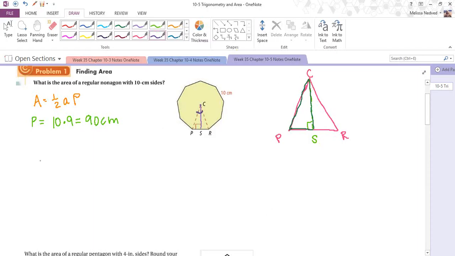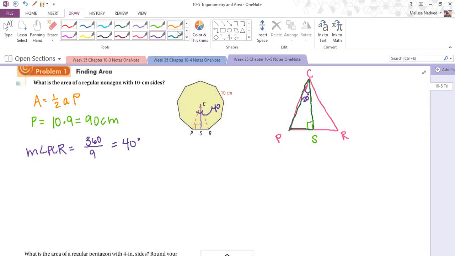Find the angle measure of angle PCR the exact same way we did in section 3 by taking 360 and dividing it by the number of pie pieces we would have. Since it's a nonagon, it's 9 sides, we'd have 9 pie pieces. So that whole angle is 360 divided by 9, or 40 degrees. So this whole angle is 40 degrees, which means this angle is half of that, or 20 degrees.